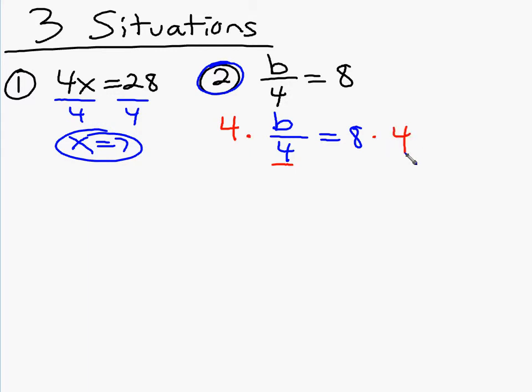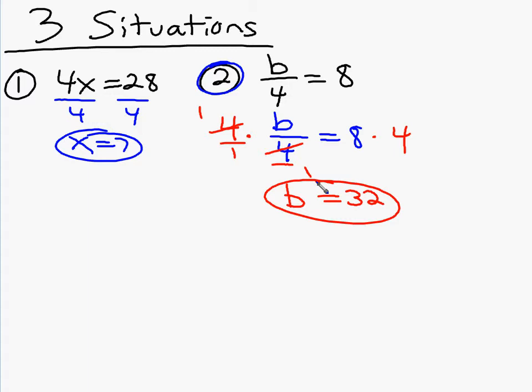Remember, with the equations, we must do the same thing to both sides. Now notice what happens on the left side. When I multiply by a whole number, I put it over 1. And if I do my factoring, 4 divided by 4 is 1. 4 divided by 4 is 1. Those 4's just go away because 1 times b is b. Equals 8 times 4, which is 32. And that is the second situation you will see in your homework tonight.